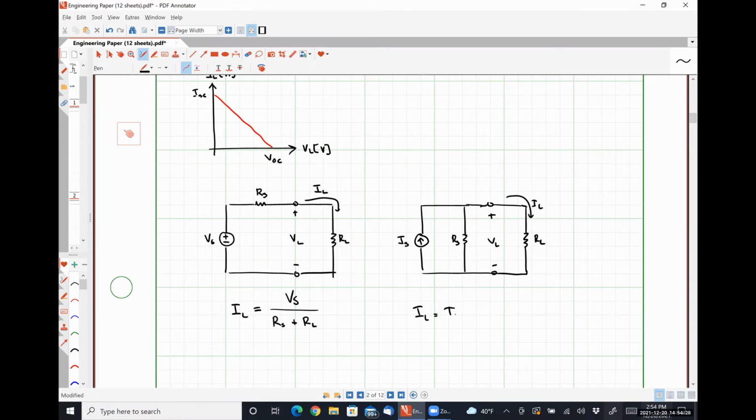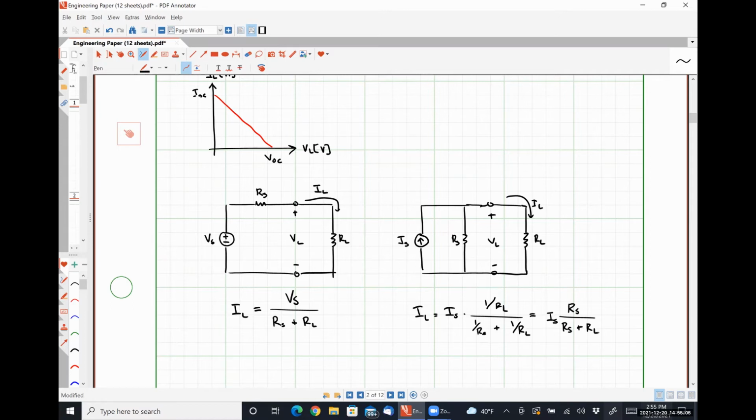So that's going to look like IS multiplied by 1 over RL divided by 1 over RS plus 1 over RL, which with a little bit of algebraic manipulation is going to look like IS times RS divided by RS plus RL.